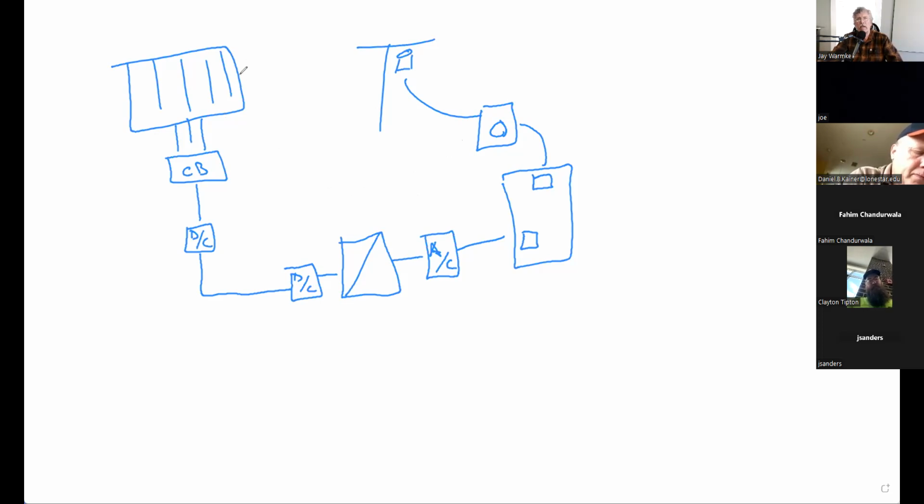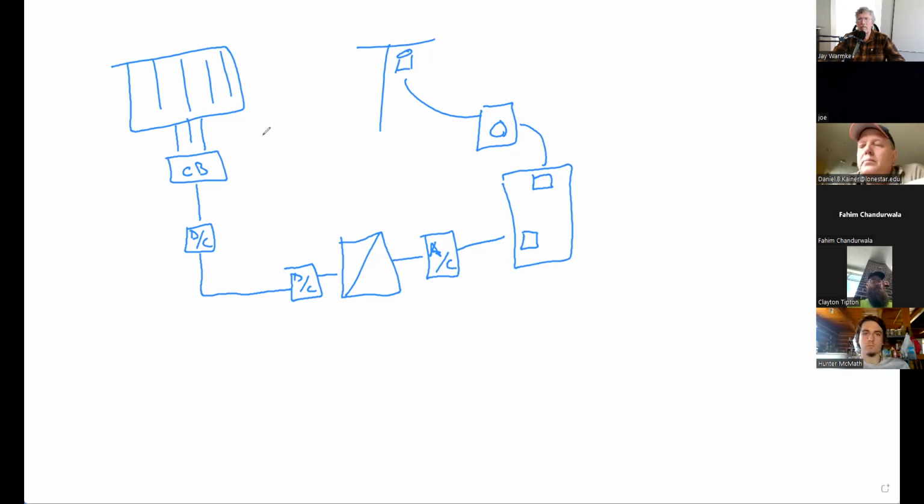Now, the question I wanted to get into here was, how do we determine the ampacity requirements of the wire coming from the array? And the way we determine that is, well, you remember that when you hook things together in series, amps stay the same, but voltage increases, right?